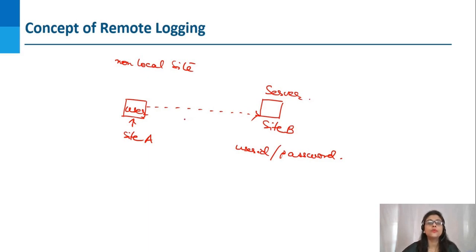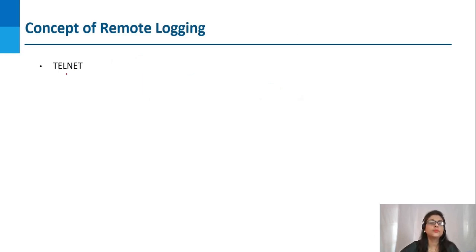So this is the concept of remote logging, and remote logging is basically used with the help of telnet. Telnet is known as the terminal network. So let us understand what telnet is all about. As I said, telnet is terminal network. It is a protocol with the help of which remote logging is possible.